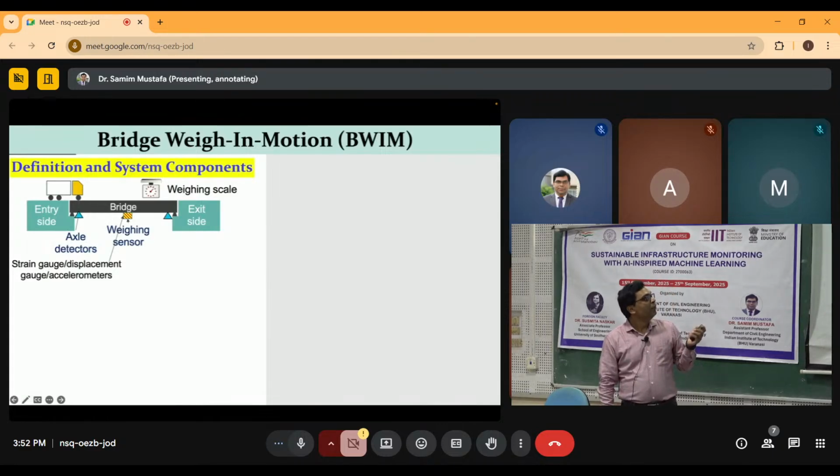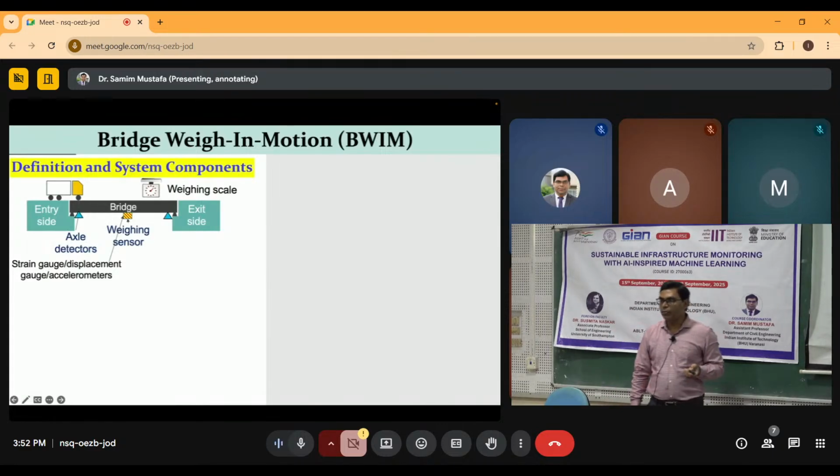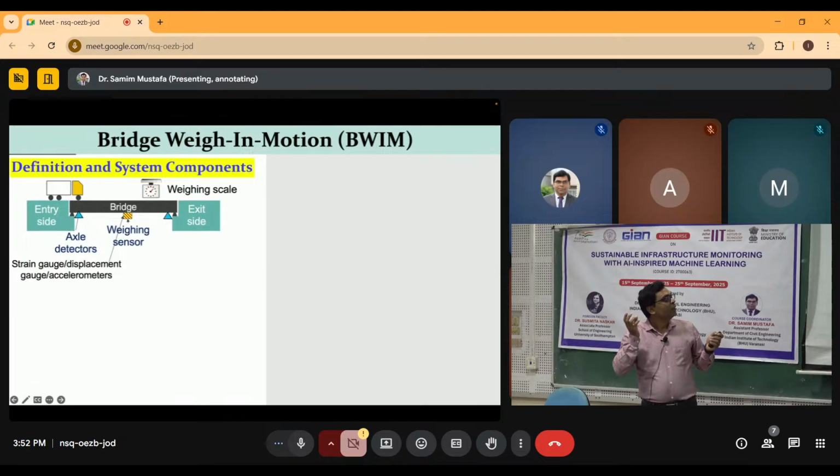Now coming to bridge weigh-in-motion, how to convert the bridge to a weighing scale, that is the thing. So a very simple way, you put a sensor, this is not a weighing kind of sensor, okay, this is just an accelerometer or any type of sensor you use to monitor the vehicle and bridge health, the same sensor you will be using here.